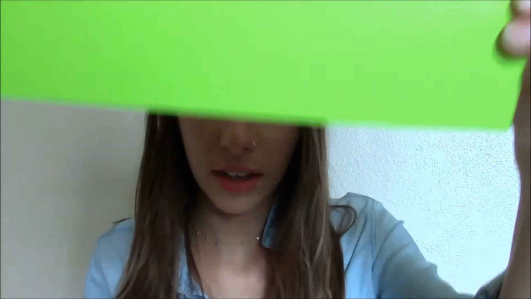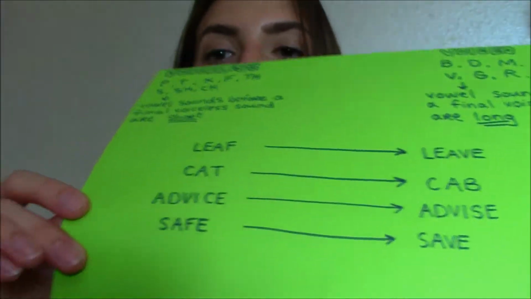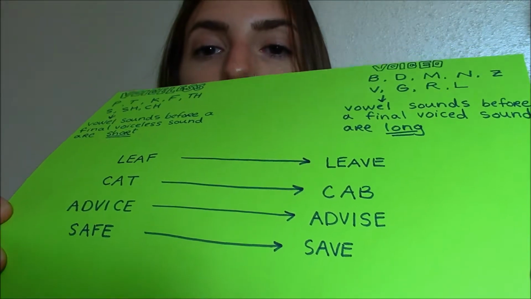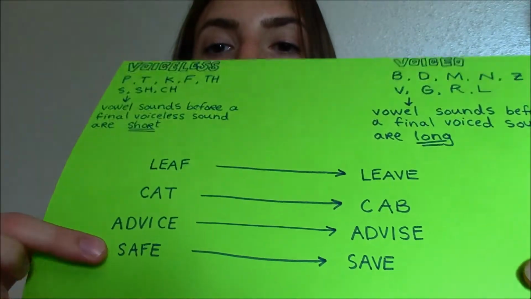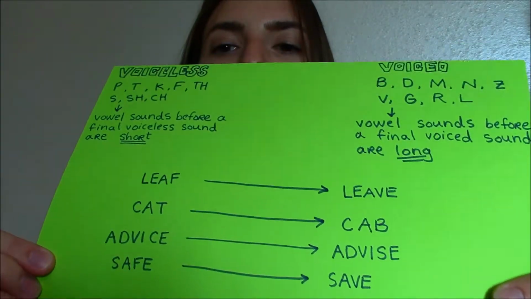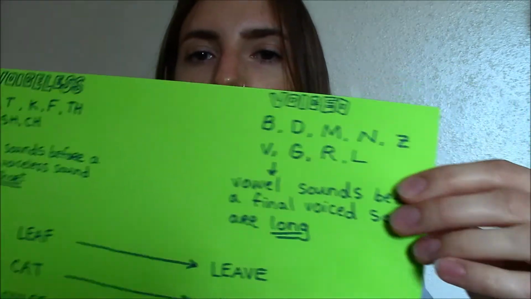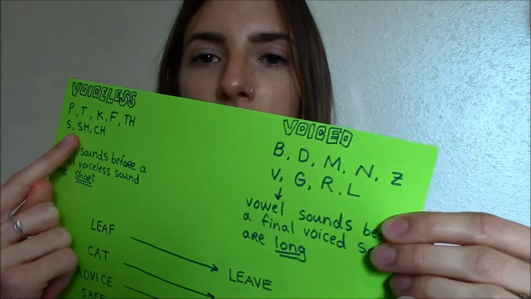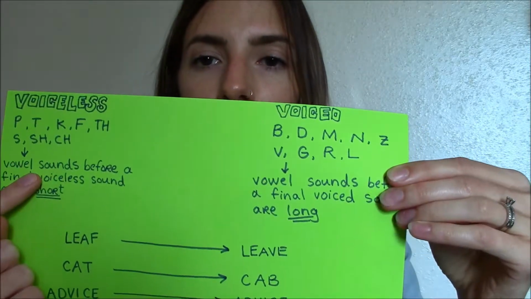Advice and advise. Advice and advise. So here, this one's a little bit different. We have advice, short, advice, and then advise. Advise. So advise, it's a long vowel sound, but here we saw that the S is a short vowel sound.